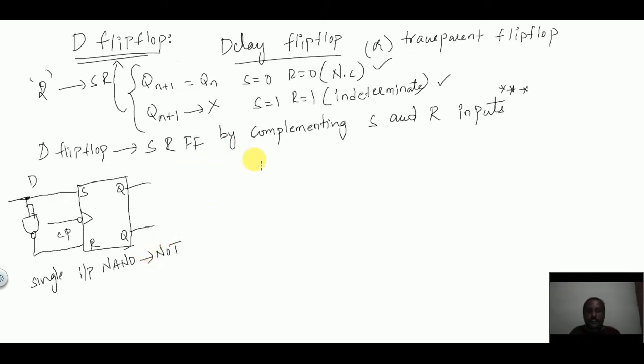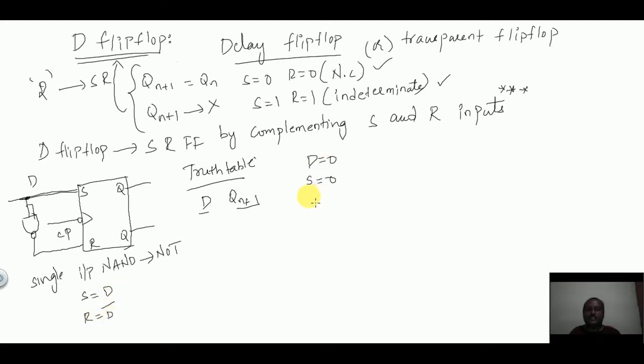If you want to write the truth table, it is written in the form of D and Qn plus 1. When D is equal to 0, the same input is given here, so S is equal to D and R is equal to D bar.